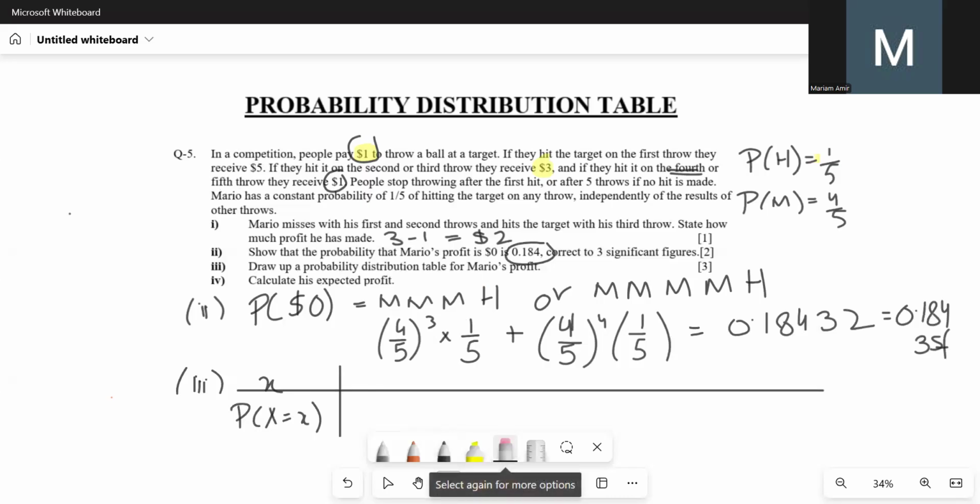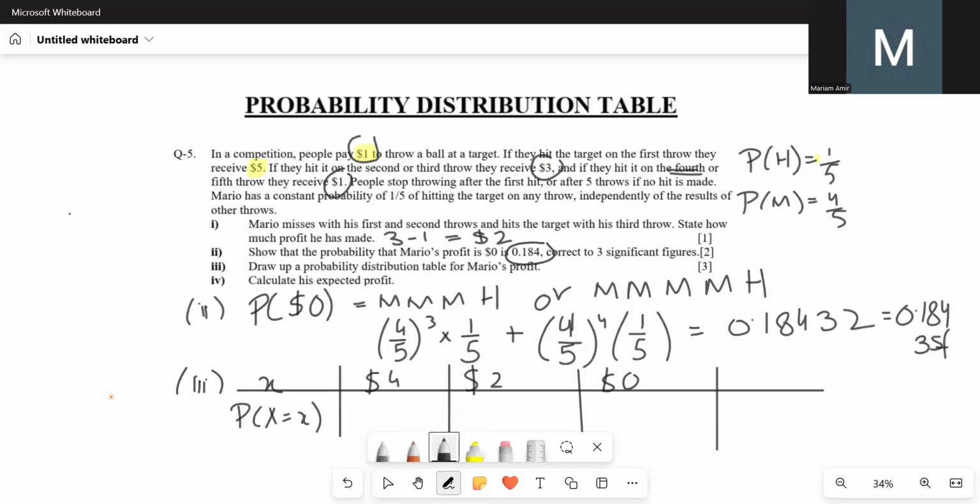He gets $5. So that's a profit of $4. So I'm going to start with $4. Next, he gets $3. So that would be a profit of $2. Next, he gets $1. So that's a profit of $0.